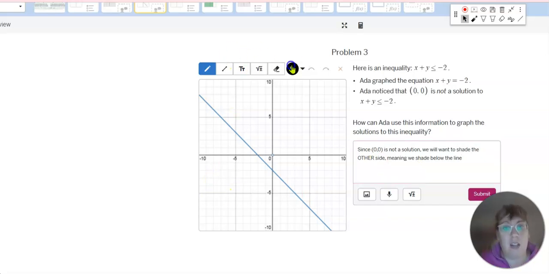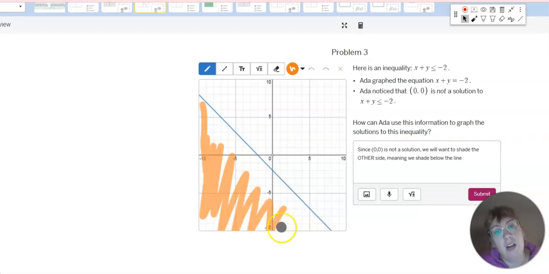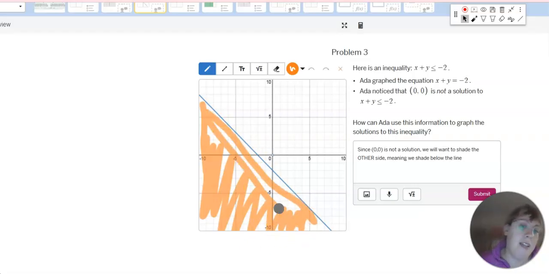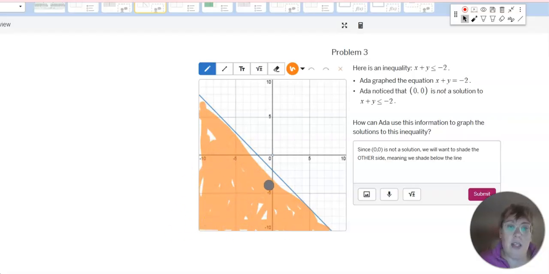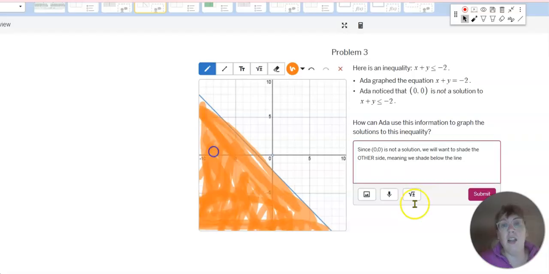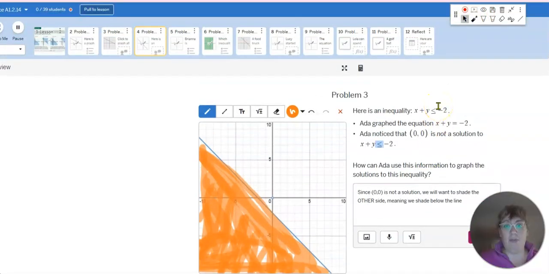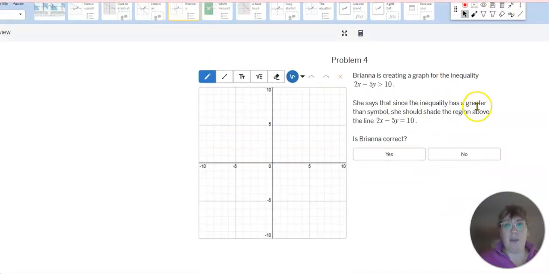So we're going to shade below the line all over here, like so, because 0, 0 is not part of our solution set. So there's our shading. Beautiful. And it's going to stay solid because we have less than or equal to, so it stays that solid line, and we have our graph. Beautiful. Next slide when you're ready.